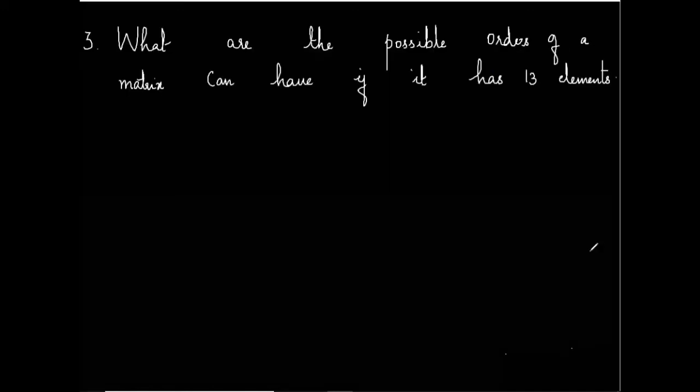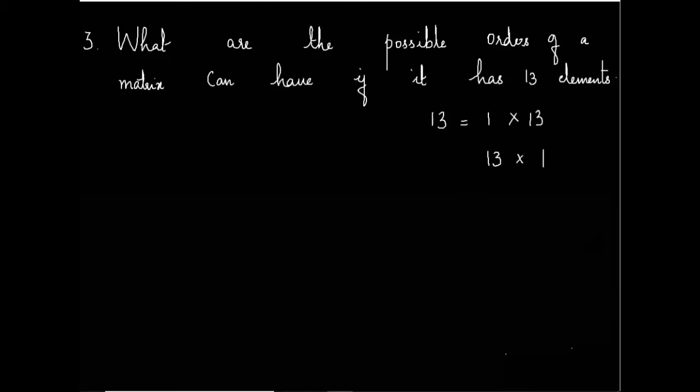Question number 3. What are the possible orders a matrix can have if it has 13 elements? So here we have to find all the possible ordered pairs of natural numbers whose product is 13. And since 13 is a prime number, we don't have any possibility other than 1 into 13 and 13 into 1.